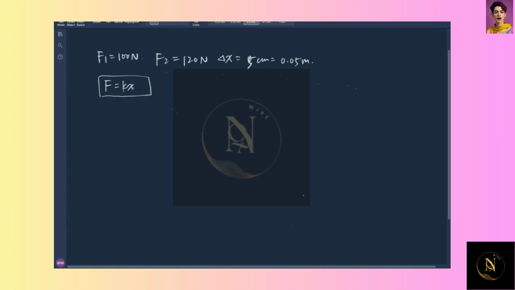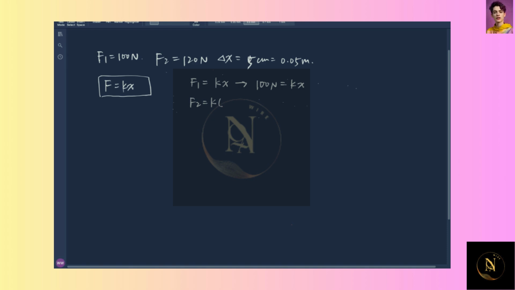The first one is F1 equals k times x, the original displacement. And if we plug in the number, it's going to be 100 Newton equals k times x. And the second one is F2 equals k times the new displacement. k is always going to be the same because it's the spring constant.